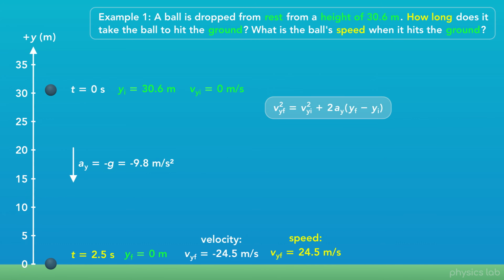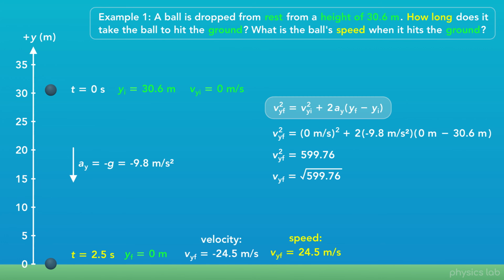Now let's try using the other equation. We plug in 0 meters per second for the initial velocity, negative 9.8 meters per second squared for the acceleration, 0 meters for the final position, and 30.6 meters for the initial position. We can simplify that, take the square root of both sides, and we get 24.5 meters per second for the final speed of the ball.